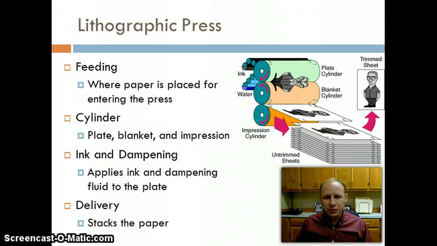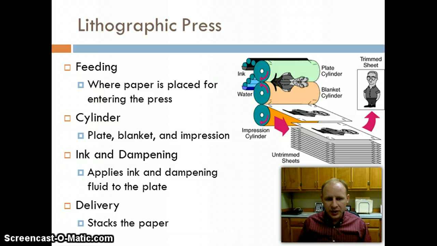So here you can see a breakdown of an offset press or the lithography press. We have different blankets or cylinders that we use to transfer the image. And again, it operates off the principle that grease or oil do not mix with water.